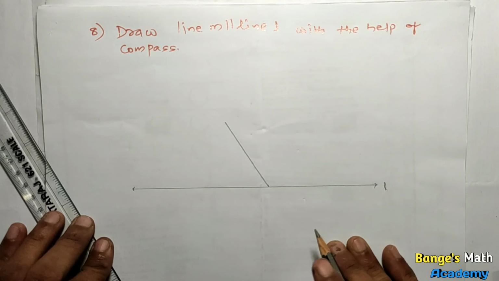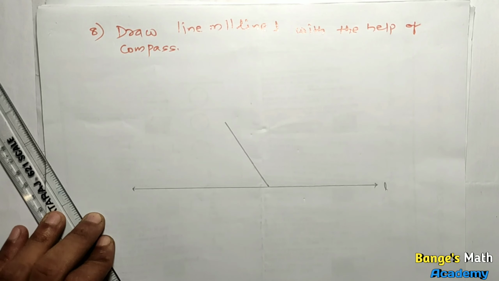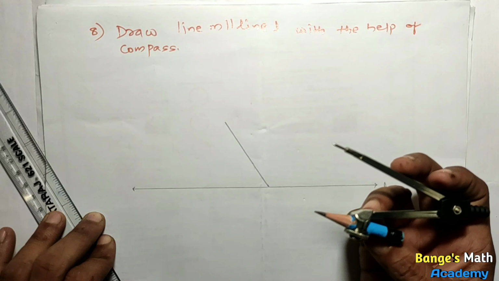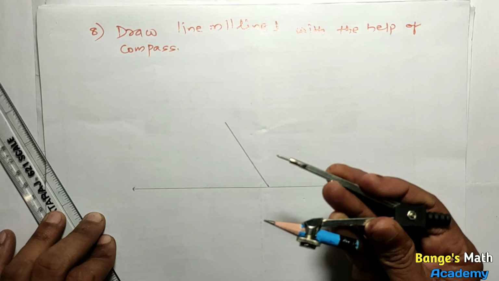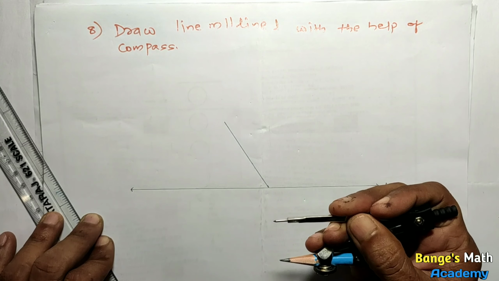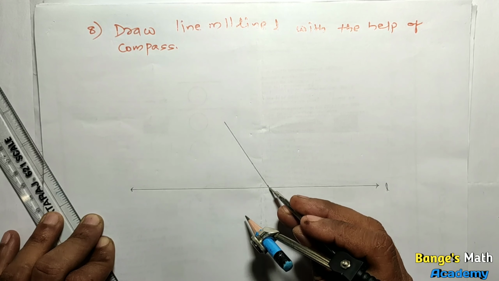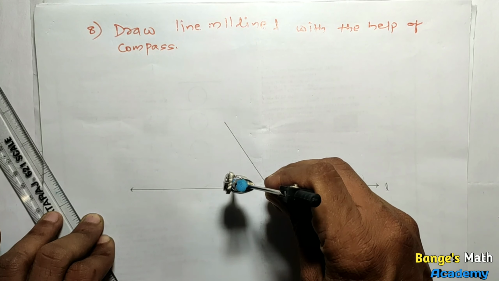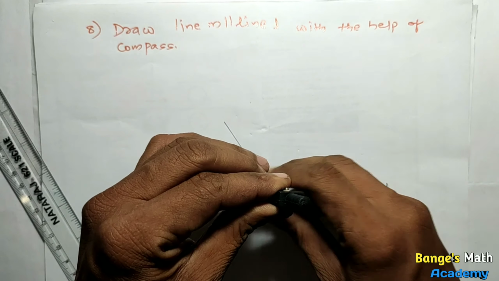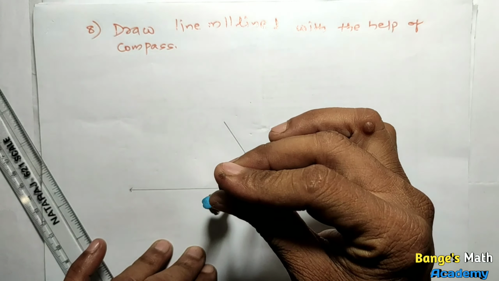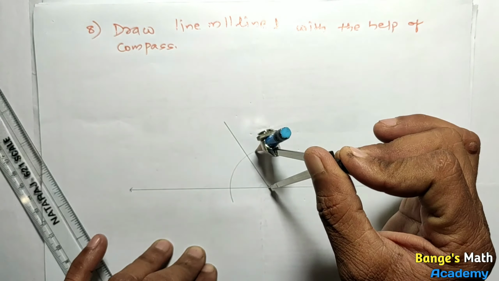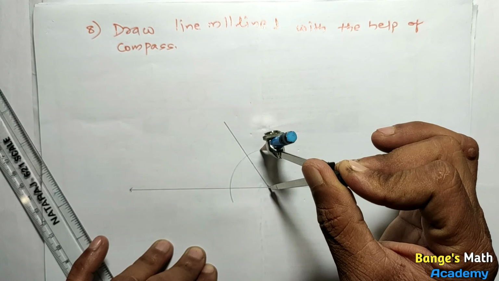Then take suitable distance in your compass and put still point on this point and draw an arc which intersects these two sides like this.